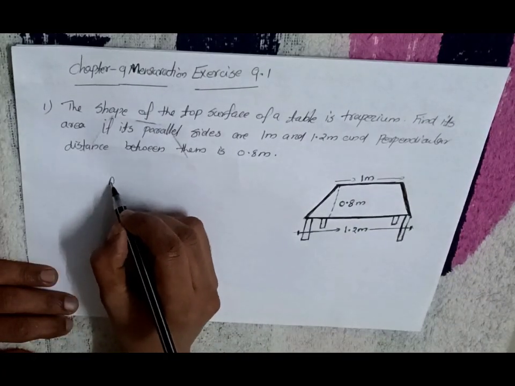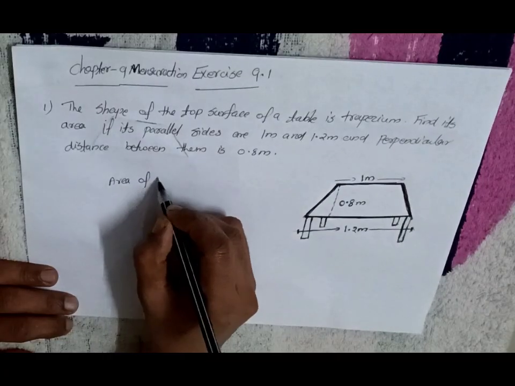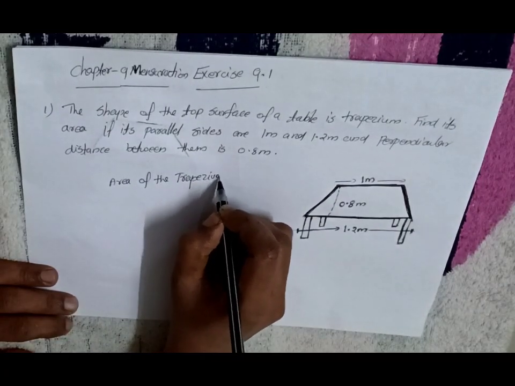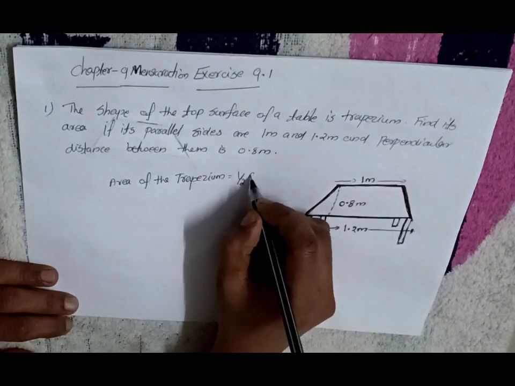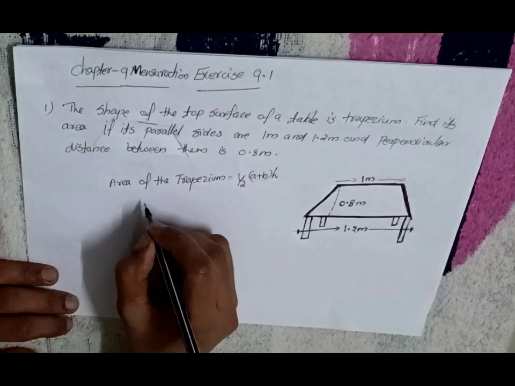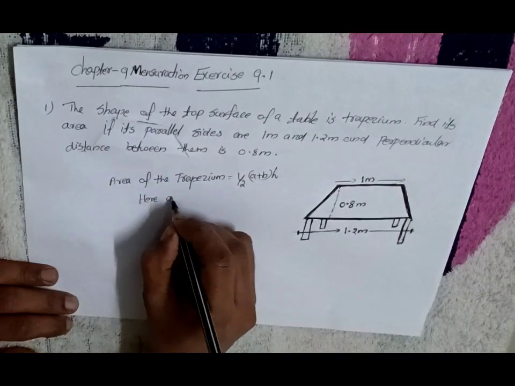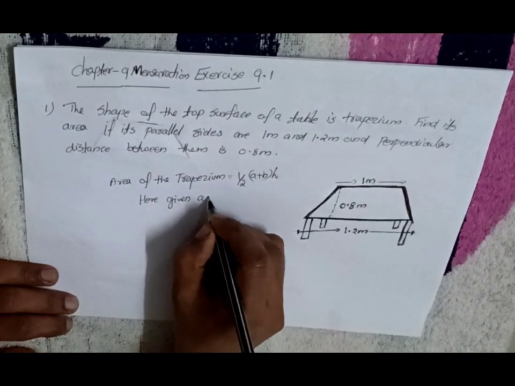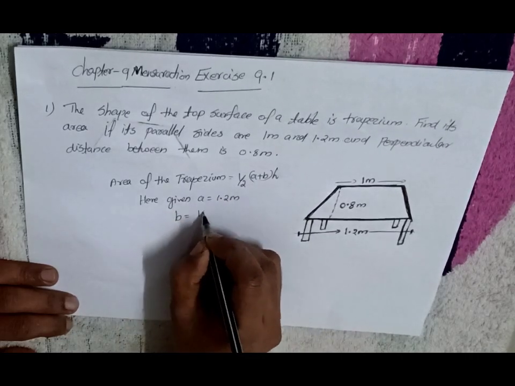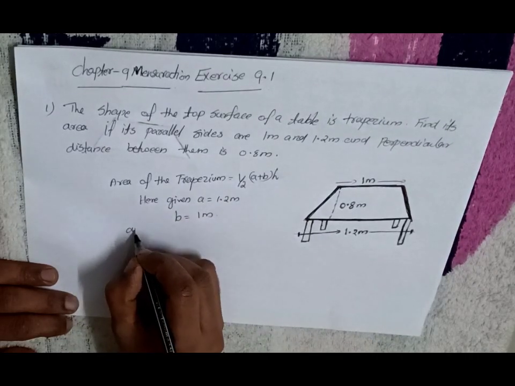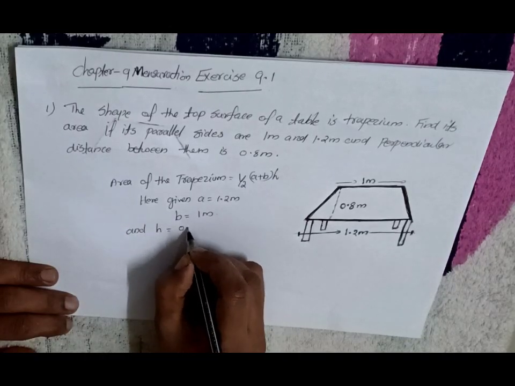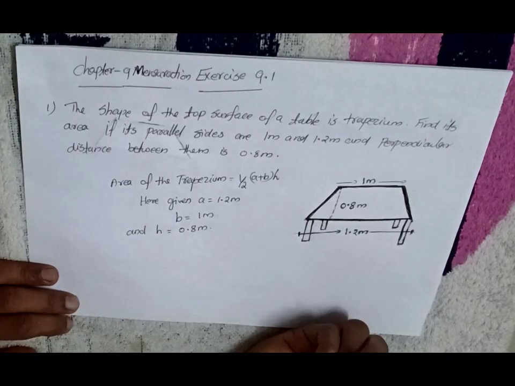Area of the trapezium equal to half into A plus B into H. Here given A equal to 1.2 meter, B equal to 1 meter and H equal to 0.8 meter.